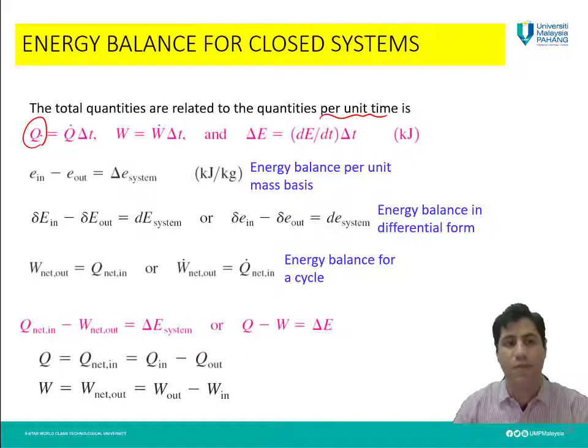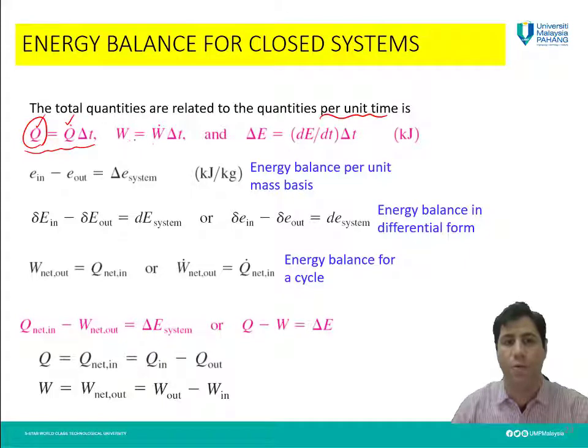And the relationship between the rate of heat transfer and heat transfer can be shown by this equation. Q is equal to Q dot times delta T. Q is heat transfer, and Q dot is the rate of heat transfer. And delta T is the period of time during which that heat transfer is happening in that process.